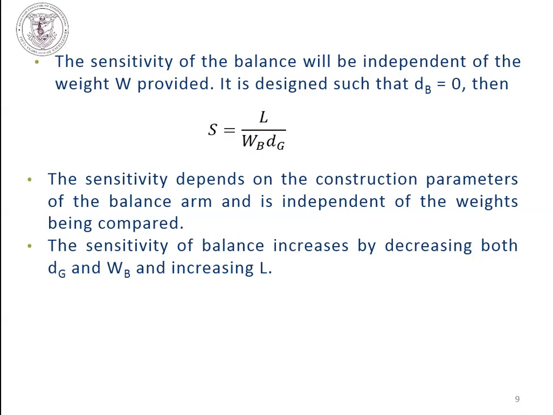So if you want to weigh a heavier weight of around 50 kg or 100 kg, at the same time you should have a standard weight of 50 kg or 100 kg. So that is one of the major disadvantages of this equal arm balance, which we call a direct method.